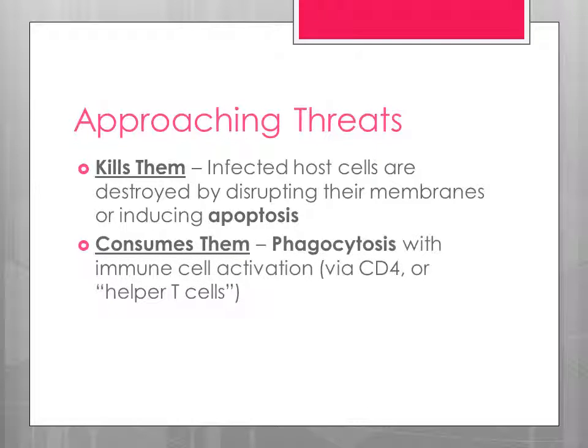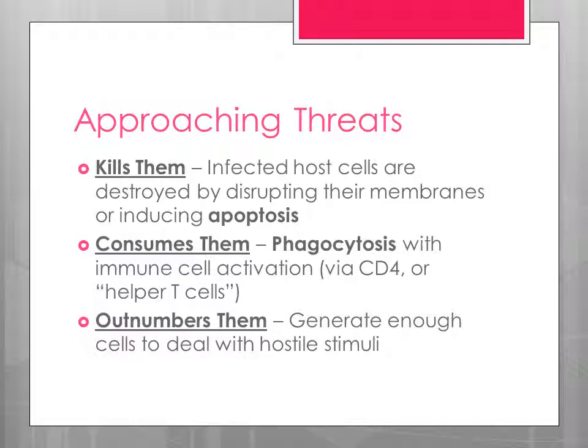Another way is by consuming them, or phagocytosis with immune cell activation. And phagocytosis is heavily carried out by your CD4 cells, which are also known as your helper T cells. And this is another star concept when it comes to talking about the immune system, that it's basically going to be eaten up by your immune cells or your white blood cells, which we're going to get into in a little bit.